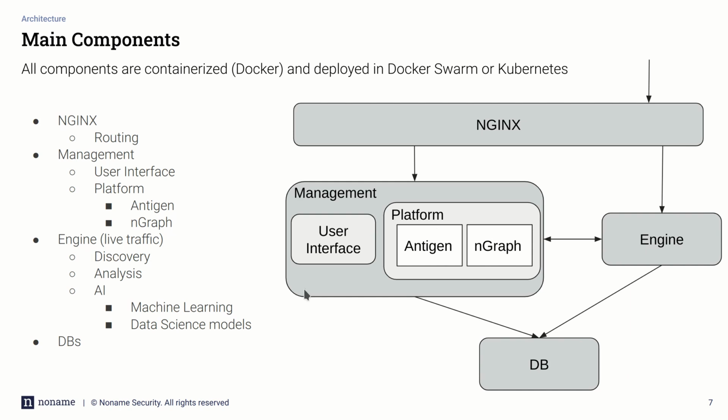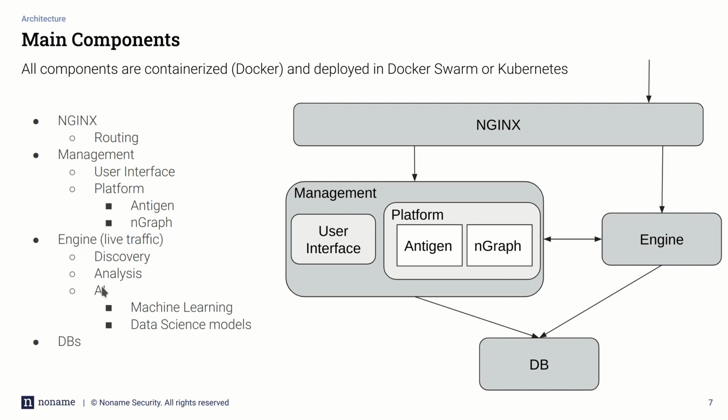All right, the engine. You may see the engine as a single component right here, but it's not just a single component. There are a few subcomponents within it, and the engine is responsible for ingesting live traffic, discovering APIs, learning their behavior so that we understand what normal API behavior is, analyzing it, and so on. So this is one busy component.